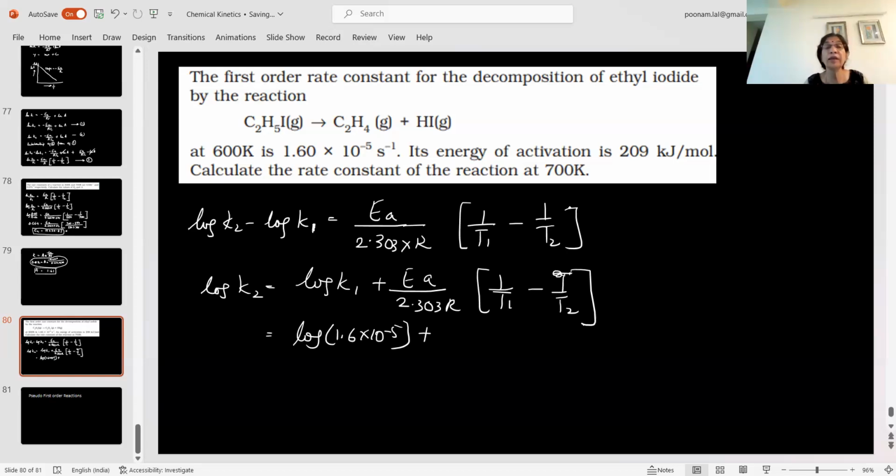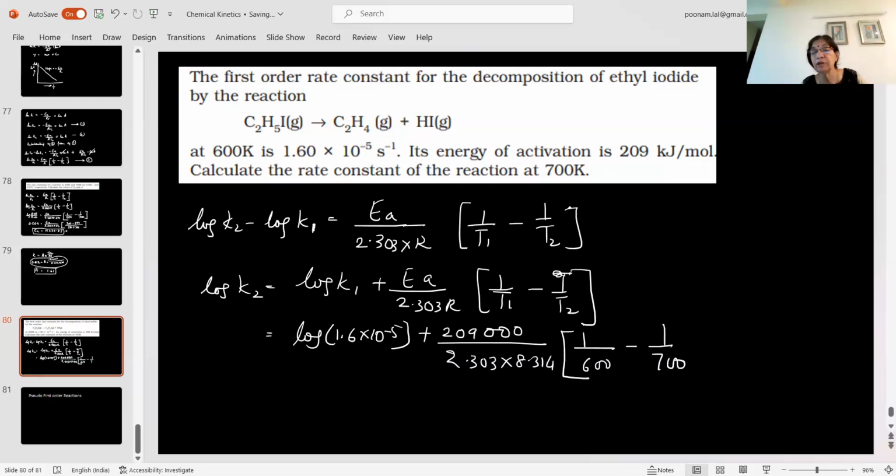So EA is given as 2.09 kilojoules. So I have to convert it into joules because value of R is given in joules only. So it is 290 into 1000, divided by 2.303 into R, 8.314, and this one here is 1 upon, I know the one temperature is 600, minus 1 upon 700.